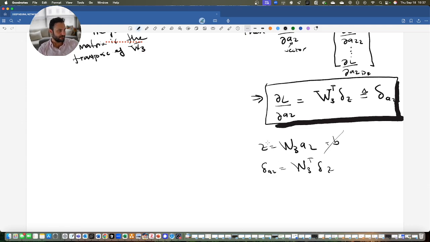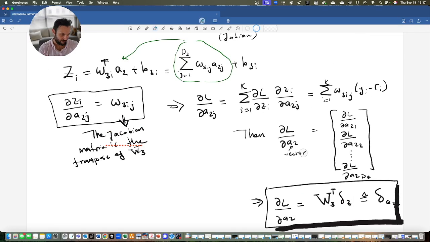Since z and a2 are linearly related through w3, dA2 and dz are again related through the transpose of W3. So this last part is quite intuitive, but how it is the case is through all the math that we did here.